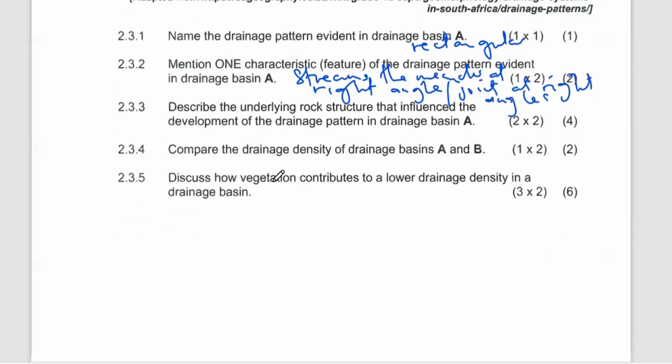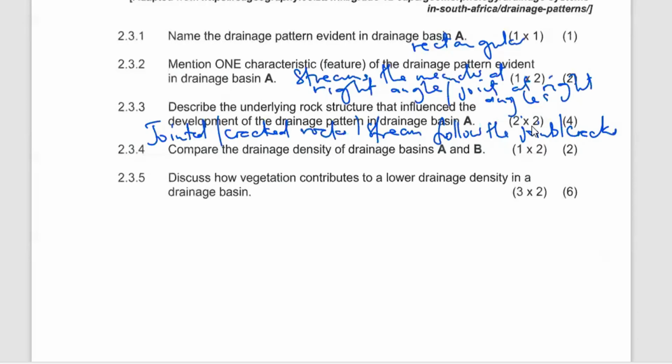Describe the underlying rock structure that influenced development of the drainage pattern A. We've talked about that. It develops where we have jointed or cracked rocks underneath. So the rocks are jointed or they are cracked, and as such, streams follow the joints or the cracks.